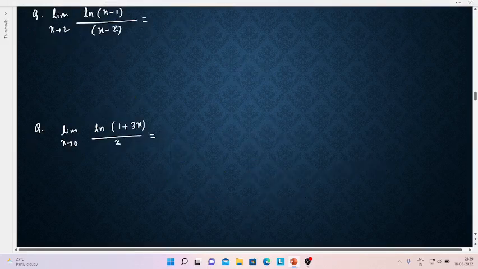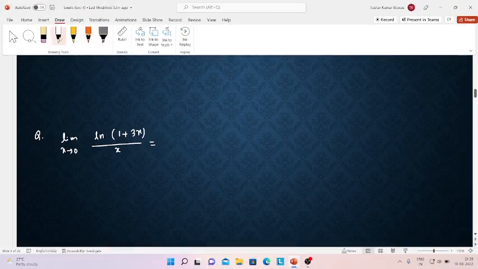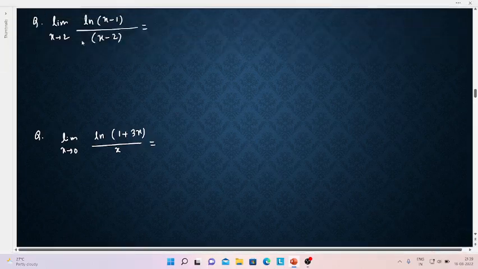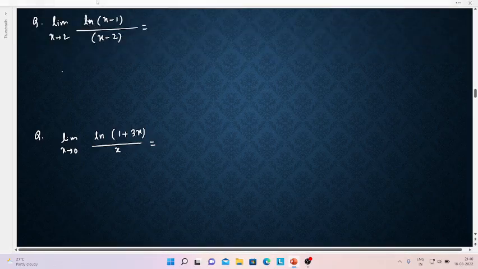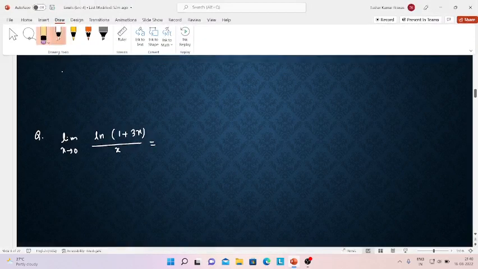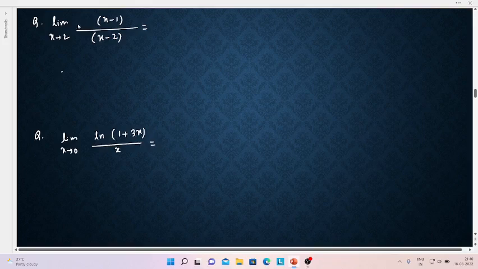So I think this is a very important question, and you may feel like it is a kind of difficult question, but it is not. So can you please try to solve this question, which is limit x tending to 2, ln(x - 1) upon x - 2. Let me write this as log base e, right?